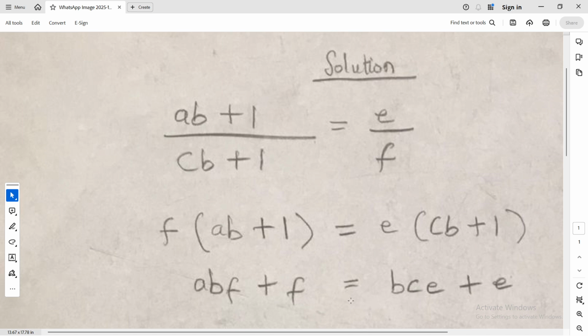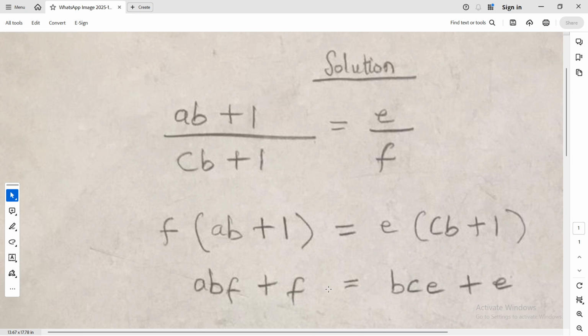If it is a positive number, it will metamorphose into a negative number. If it's a negative number, it will change its form into a positive number, right? So BCE is a positive number, and it has to cross the equals to sign to the other half of the equation to join ABF, so it will become a negative number.